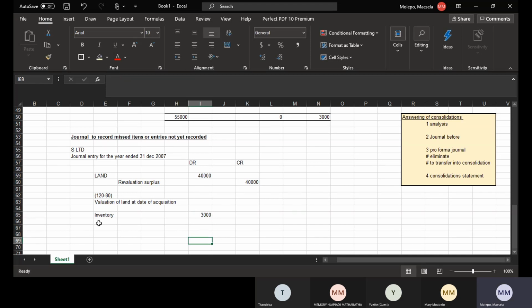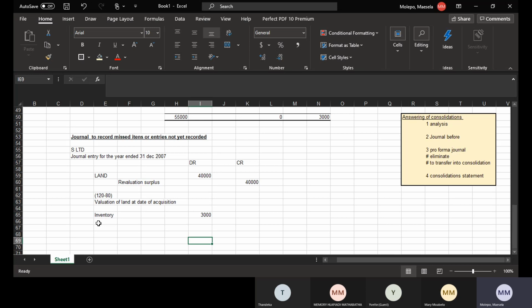Now, here comes the trick. When you check your example or question on the statement of financial position, P Limited has a current account in S Limited, and his current account in S Limited is sitting on 8,000, while S Limited has a current account in P Limited, which is sitting at 5,000. So we need to ensure that our current accounts as parent and subsidiary become equal.